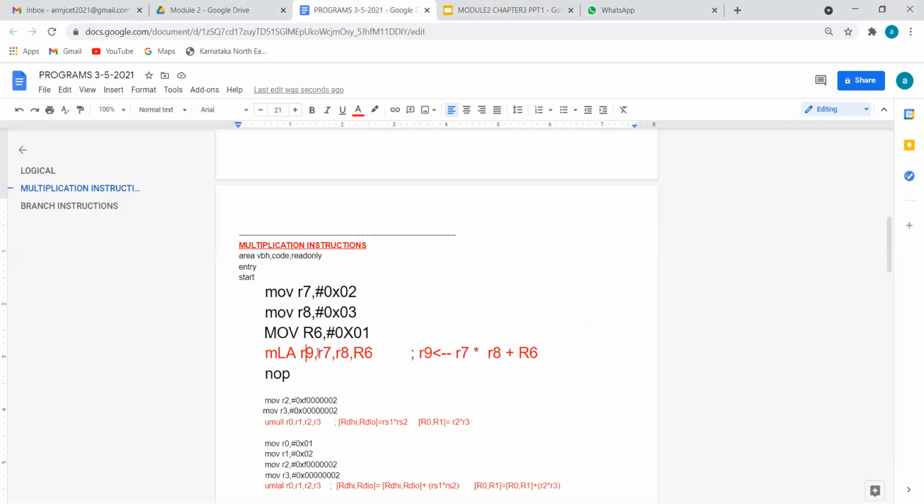See, DMSN. D is 9. So M into S plus N. Can you give the answer in R9 now according to MLA?